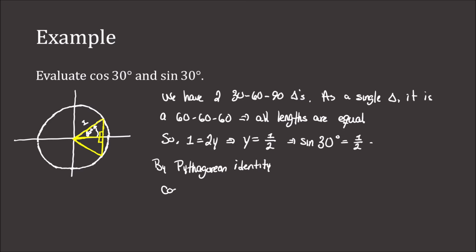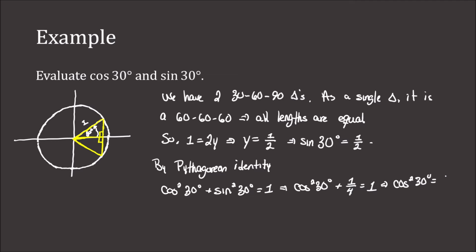Cosine squared of 30 degrees plus sine squared of 30 degrees must be equal to 1. So that means that the cosine squared of 30 degrees plus a quarter must be equal to 1. So the cosine squared of 30 degrees must be equal to 3/4.